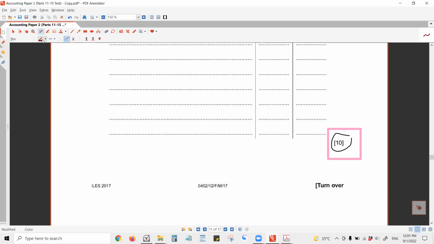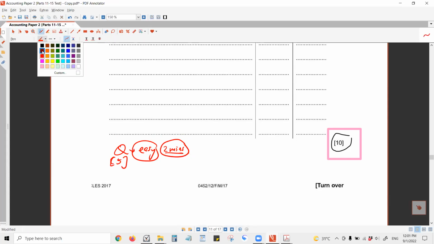For questions that are easy, let's say that question is for 5 marks and it is so easy that you can spend just 2 minutes to finish it. Possible? Yes. So in this easy question, you have saved a total of 3 minutes.